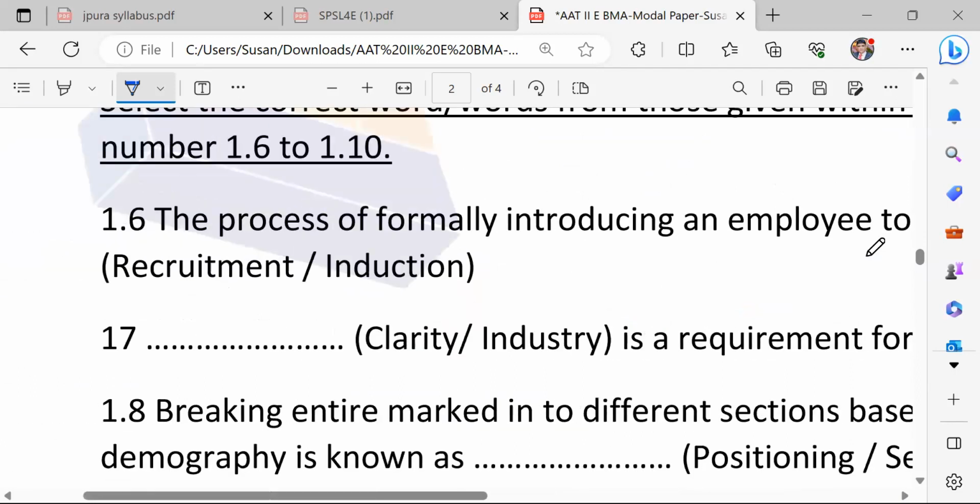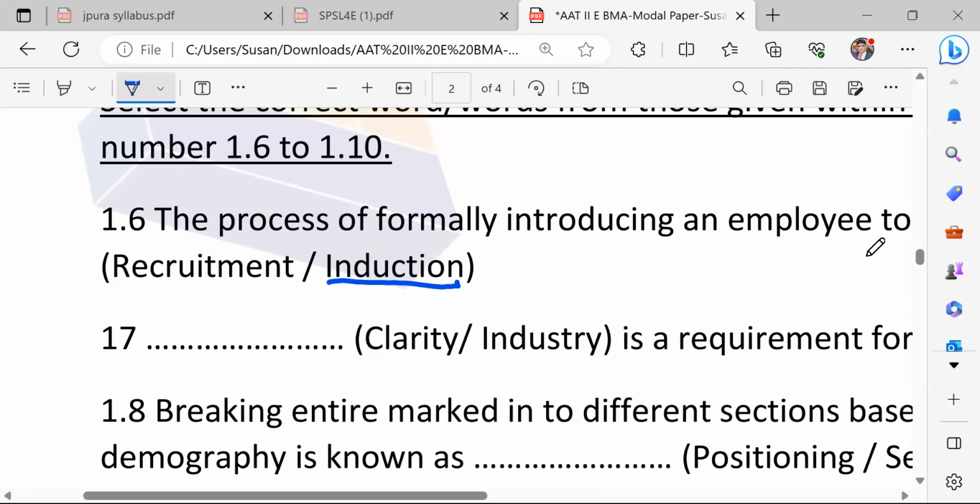In HRM, properly introducing a person is induction. What is recruitment? Recruitment is building up the potential candidates. Introducing an employee properly into the organization, that is induction.